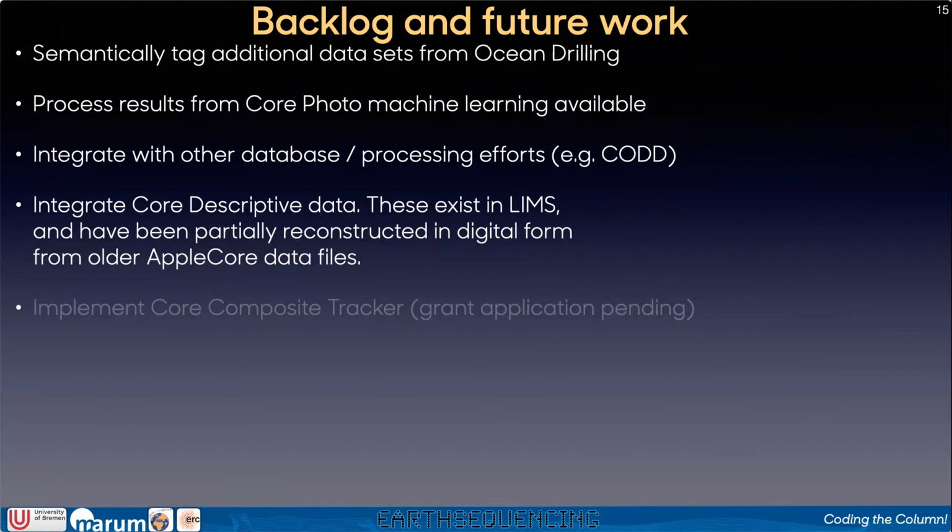But there's a huge treasure trove of additional data that can be added, but that requires quite some manpower and some time. In the very last slide, I'll show you an approach that we've just developed in the last 3 weeks, which uses machine learning for image cropping, which is very fast and promising. And then we also are planning for future work using integration with other databases and processing efforts.